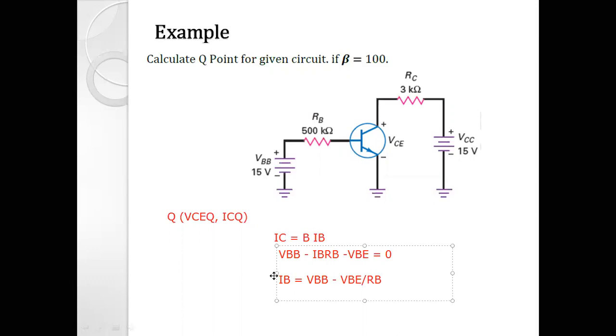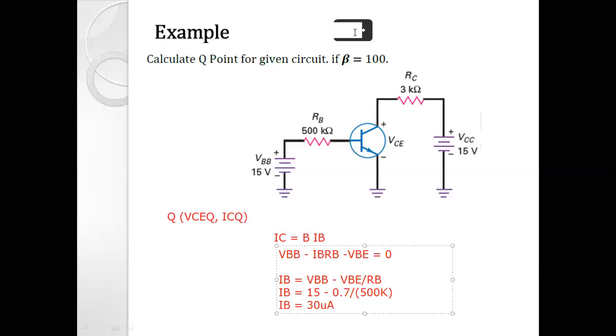That means IB is equal to, VBB is 15, let us assume VBE is 0.7, and the value of RB is 500 K. When we solve this for base current, we get IB equal to 30 microampere.